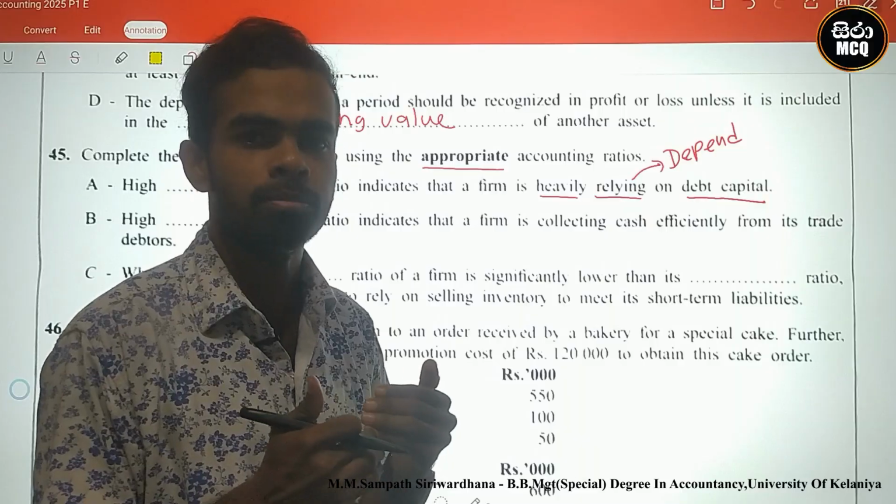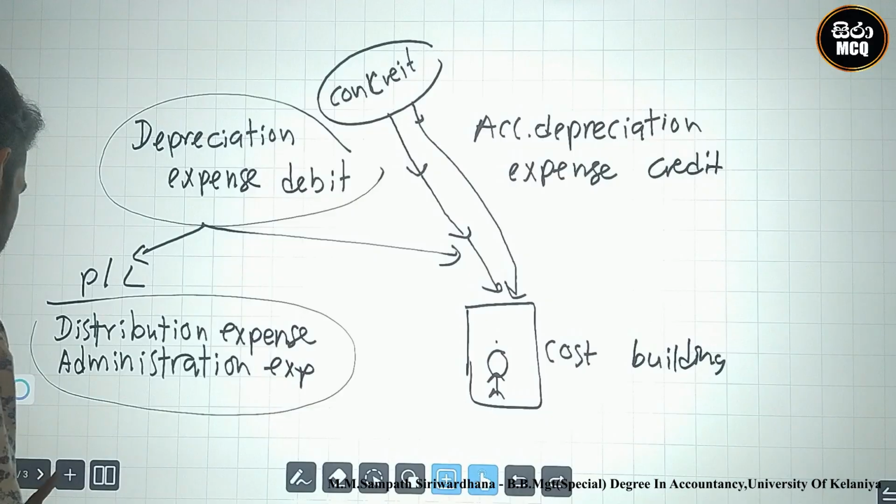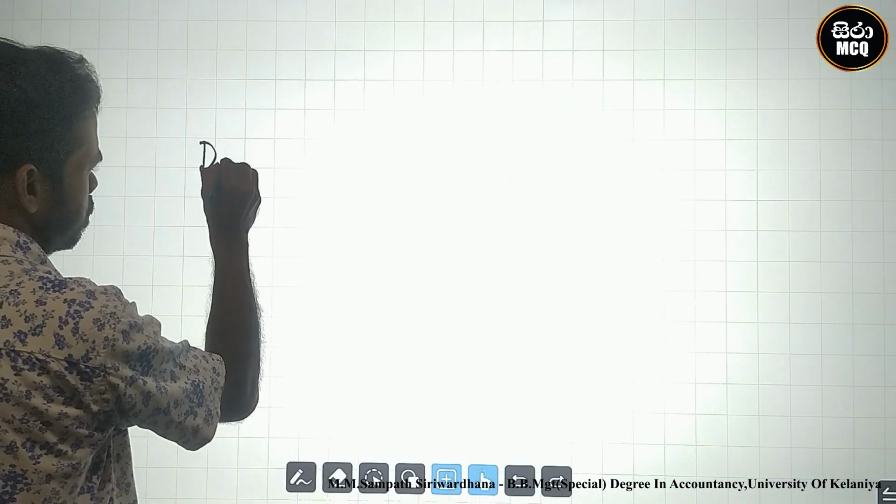Depending on debt capital means debt capital is high. You know, the debt ratio.